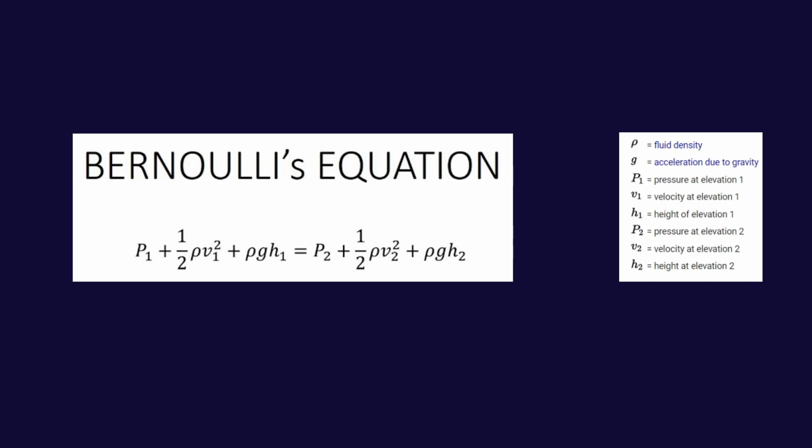So we have P1, which is the pressure at elevation 1, plus half rho, which is the density of the fluid, times V1, the velocity at elevation 1, to the power of 2, plus rho times g, the acceleration due to gravity, times h1, the height of elevation 1, equals P2, the pressure at elevation 2, plus half rho V2, the velocity at elevation 2, to the power of 2, plus rho g h2, where h2 is the height of elevation 2.